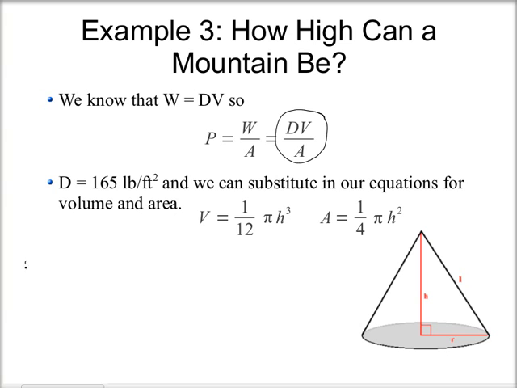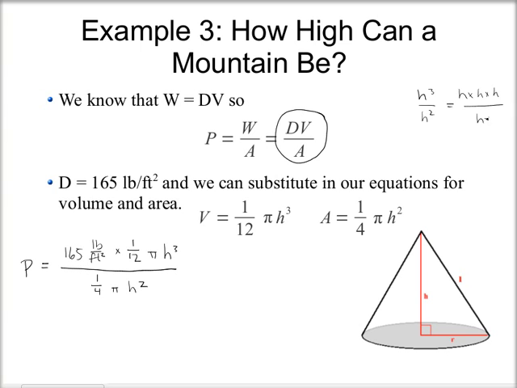So that's going to give me P is equal to my density, 165 pounds per cubic foot, times the volume, which is 1/12 pi times h cubed, divided by the area, which is 1/4 pi times h squared. Now if I look at h cubed over h squared, that's equal to h times h times h over h times h.